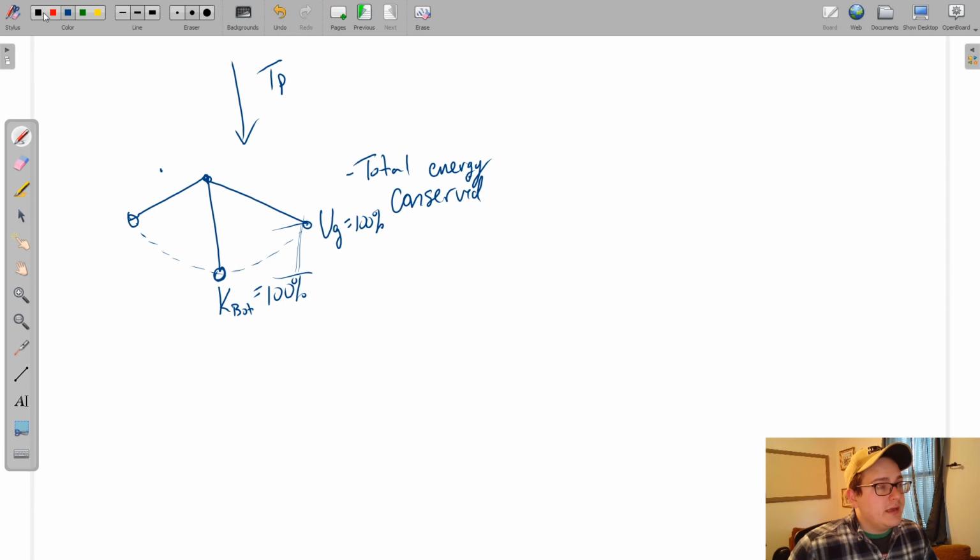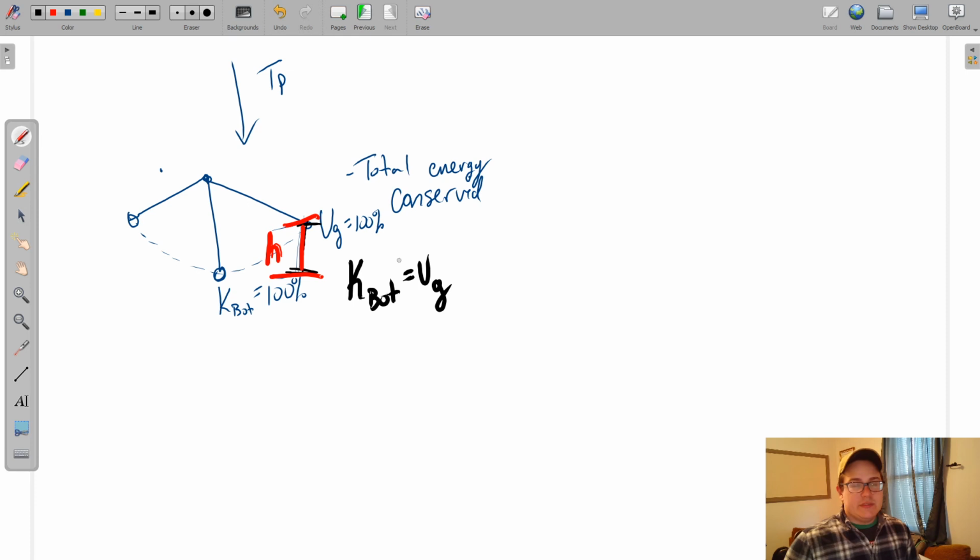If we look at, I'm going to draw this just a hair bit better. If we look at this as our height, we can then say that the potential energy at the top equals the kinetic energy at the bottom.